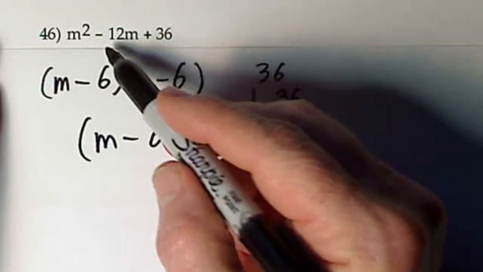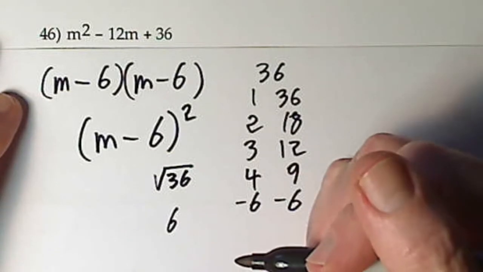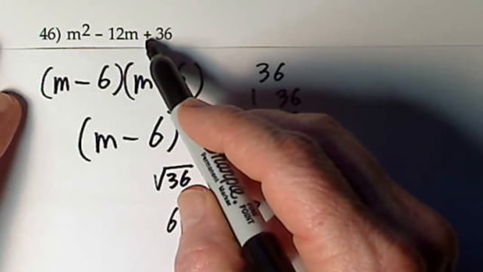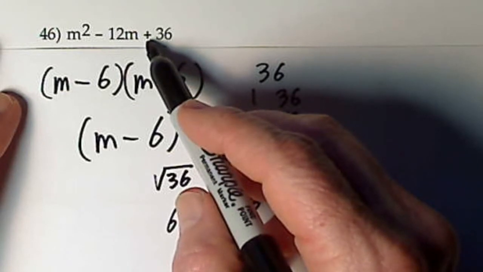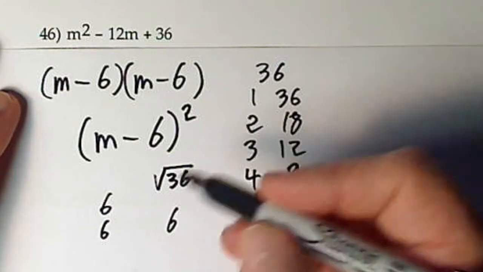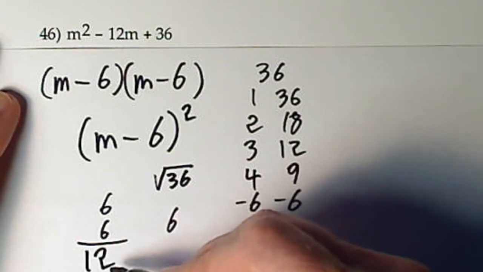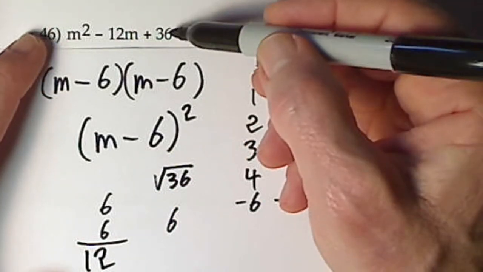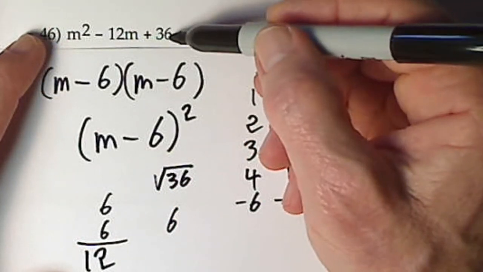And remember, you get to your middle term by adding or subtracting. In this case, if that's positive, the signs have to be the same. You would be adding. Okay? So what's 6 plus 6? Well, that would give you a 12. Okay? So you can actually just look at this problem and say, well, the square root of 36 is 6.